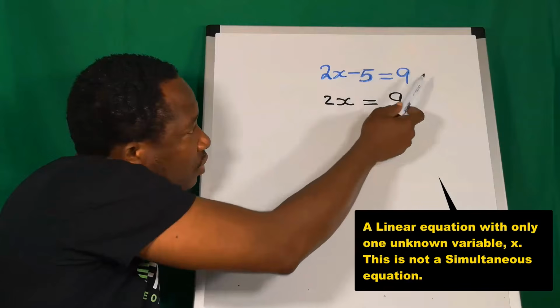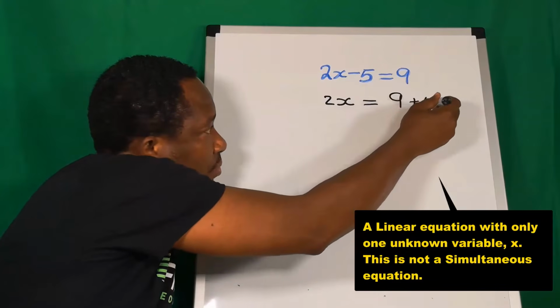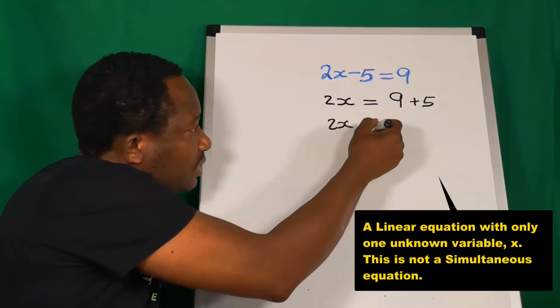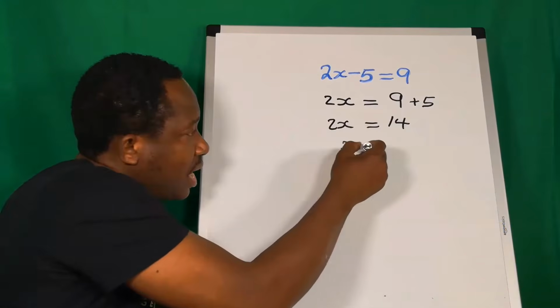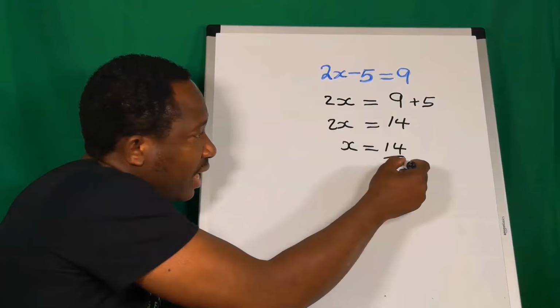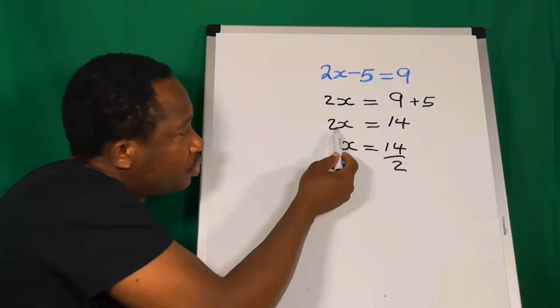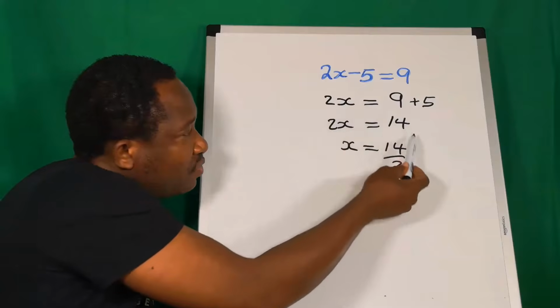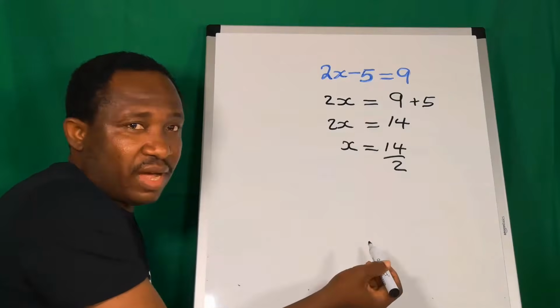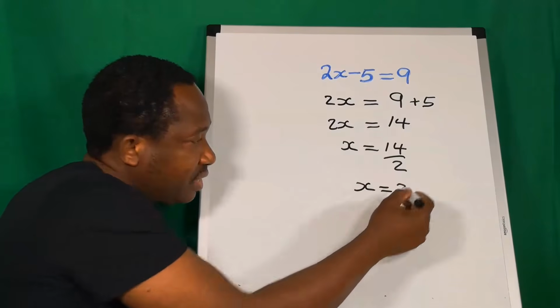It will move across the equal sign to become plus 5. 2x is now 14. We want to isolate x by making it the subject. x is now 14 divided by 2, because 2 is multiplying x, and a multiplying variable moves across the equal sign, it will divide. x is now 7.